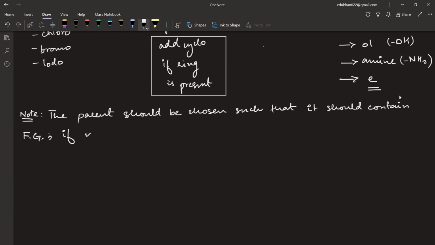If not, then double bond. If not, then triple bond.